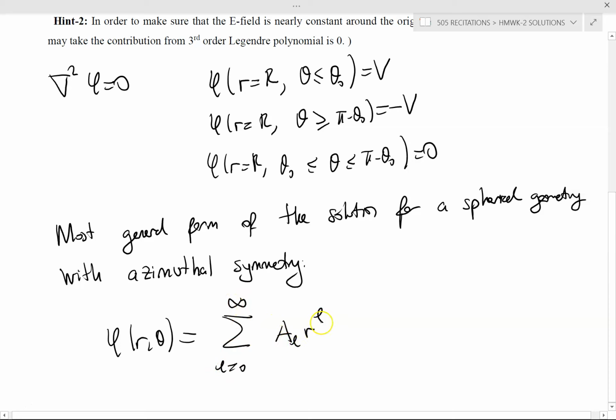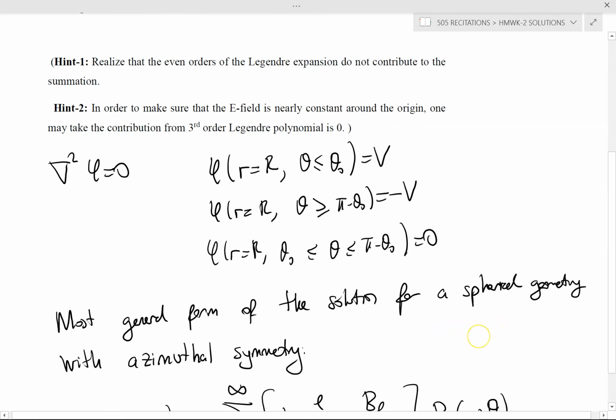A_L r to the power of L, B_L divided by r to the power of L plus 1, P_L cosine theta. Also remember that inside, psi inside, as r goes to 0, I expect to see some finite number.